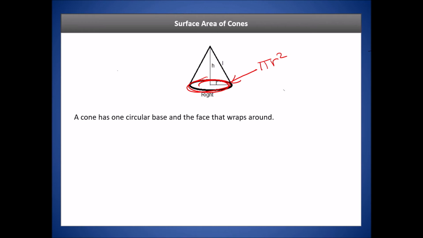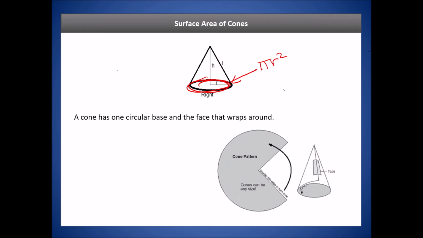Now, in order to find the part that wraps around the cone, we need to understand how a cone is constructed. So the way I would construct a cone like this is I would take a large circular piece of paper, and I would cut out a sector of that circle.